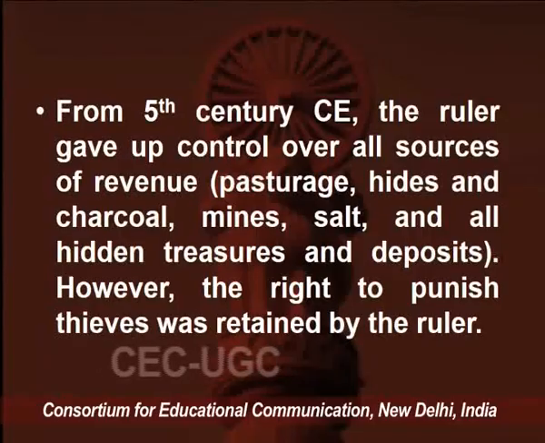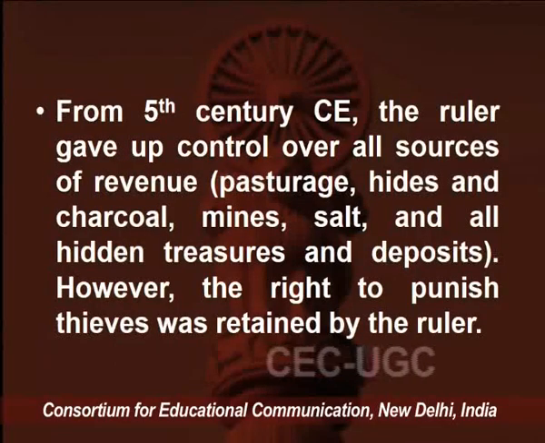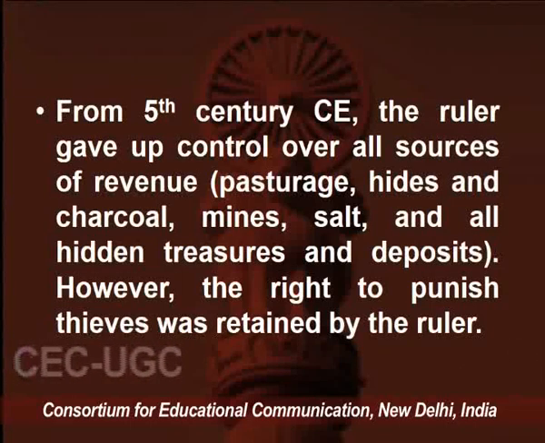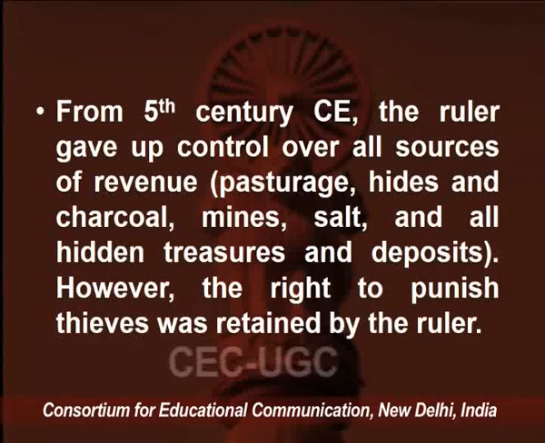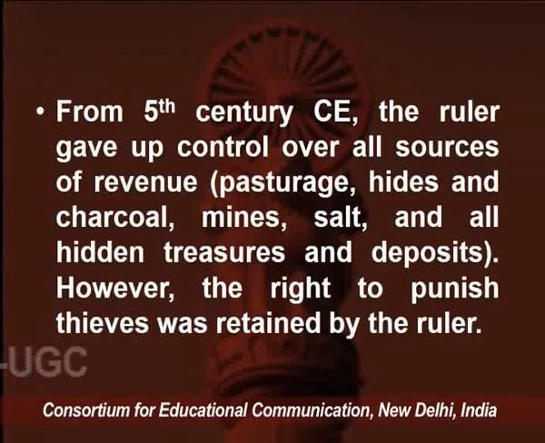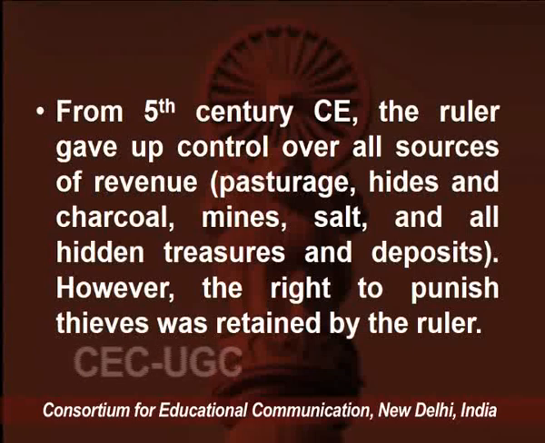So in general, from the 5th century CE, the ruler seems to increasingly be giving up the control over all sources of revenue, which included pasturages, hides and charcoal, mines, salt, and all hidden treasures and deposits beneath the earth's surface.